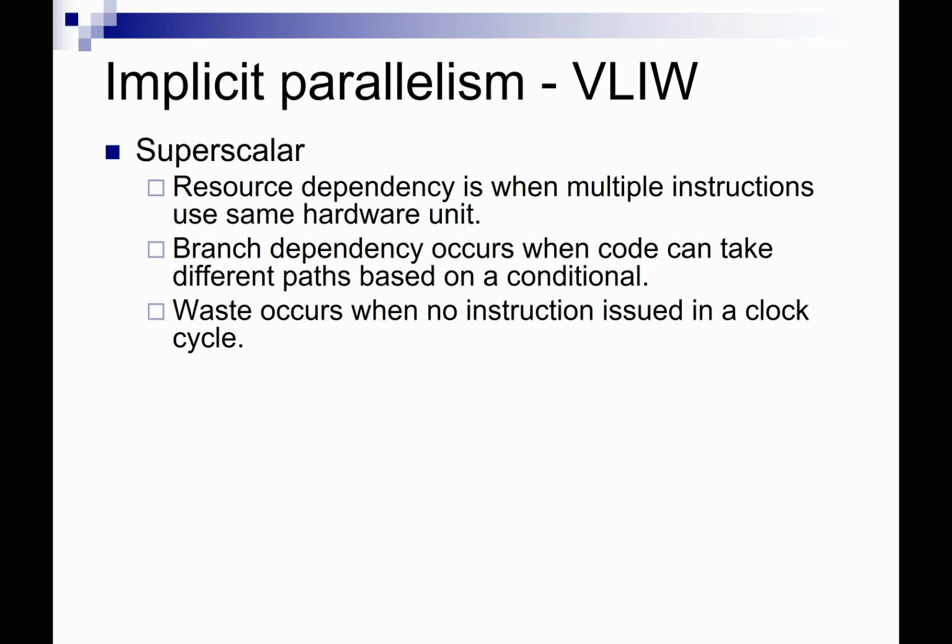If we want to do, let's say, 4 different additions, and we only have 2 different adders, then we have a resource dependency. A branch dependency is when you have code that can take different paths depending on a conditional statement, like if x is larger than 0, you do one thing. If x is less than 0, you do something else. And then waste is going to occur when you have no instruction to execute in a clock cycle.